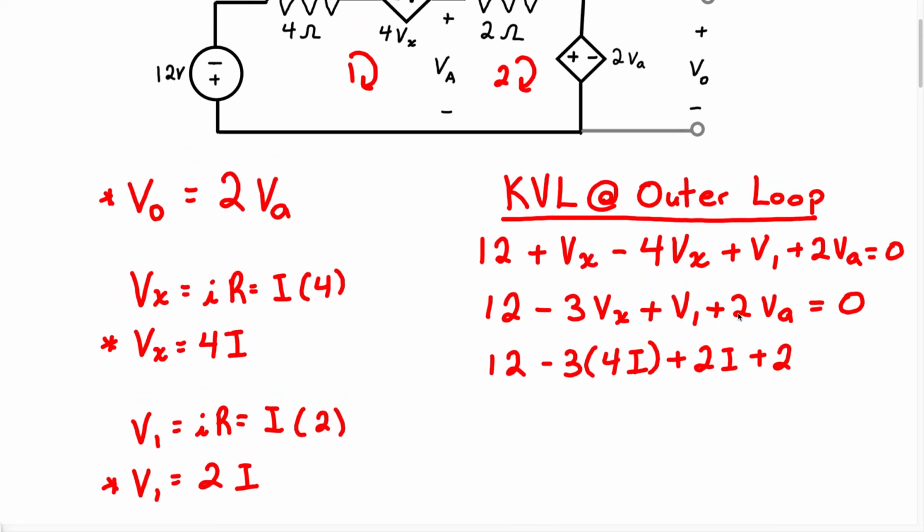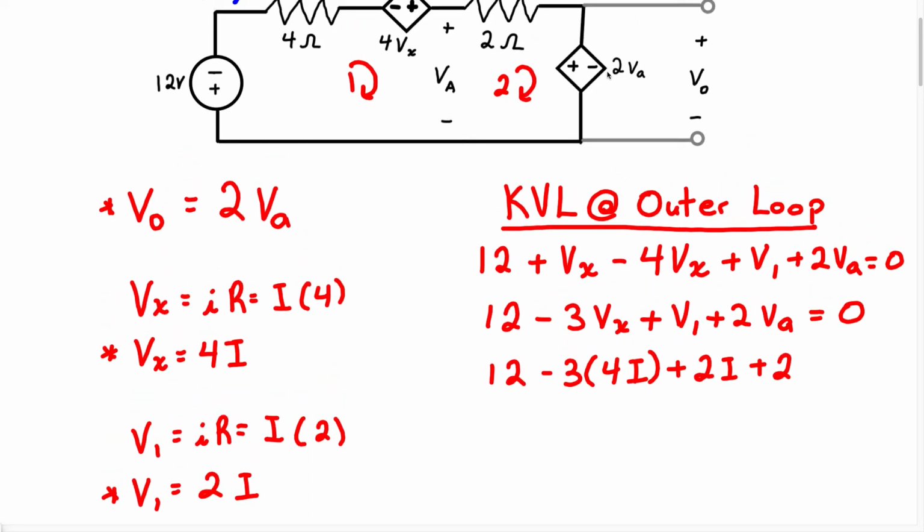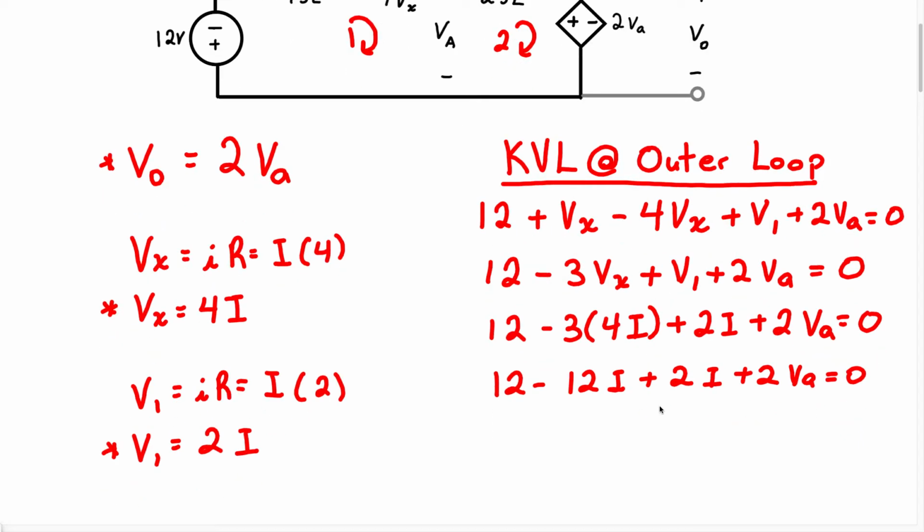We still don't know what VA is going to be, so we're just going to write VA equals 0. Now when you start to simplify this, we're going to have 12 minus 12I plus 2I plus 2VA equals 0. This is going to give us negative 10I plus 2VA equals negative 12.